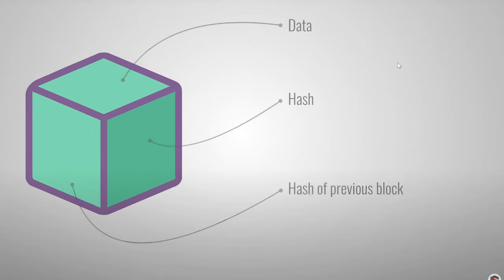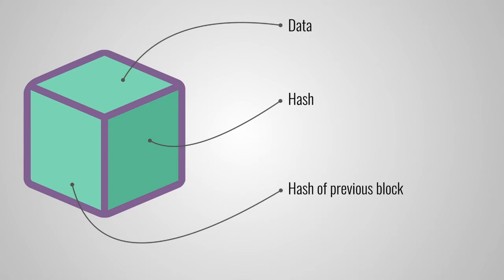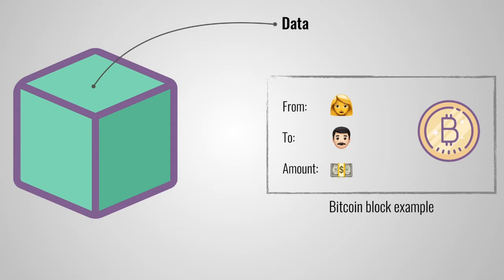Blockchain is a distributed ledger that records transaction data, and it's very hard to tamper with. And here's why. Let's take a look at what a block is and what it includes. Each block contains some data, the block's hash and the previous block's hash. In Bitcoin, for example, the data shown is who sent the money, who received it, and how much was paid.